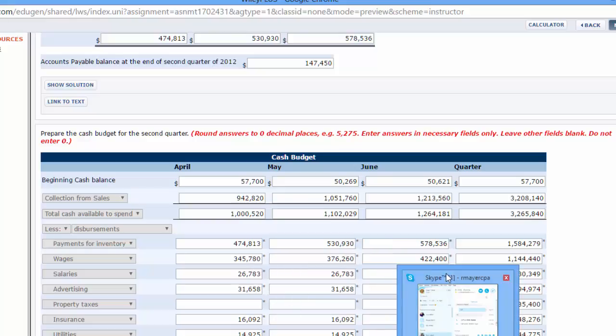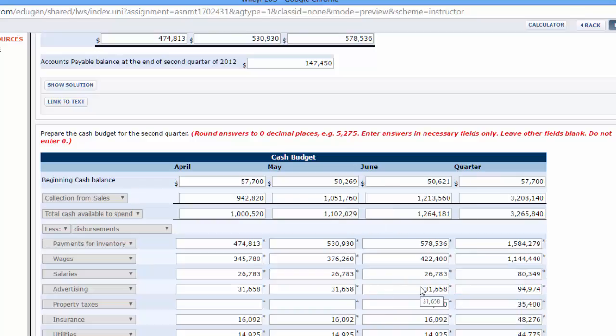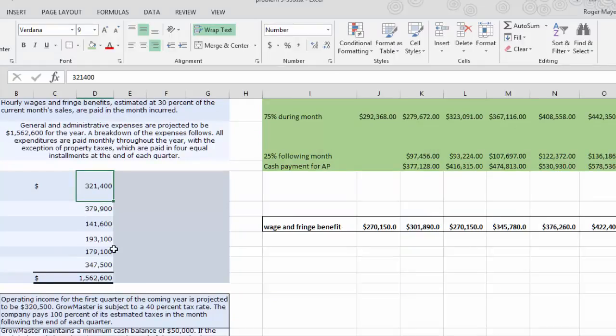Property taxes. The assumption that we have is that the property taxes are going to be paid at the end of the quarter. So you can divide the property taxes by 4 and insert that number at the end of the quarter. Insurance is divided by 12, utilities divided by 12, and of course depreciation is a non-issue.